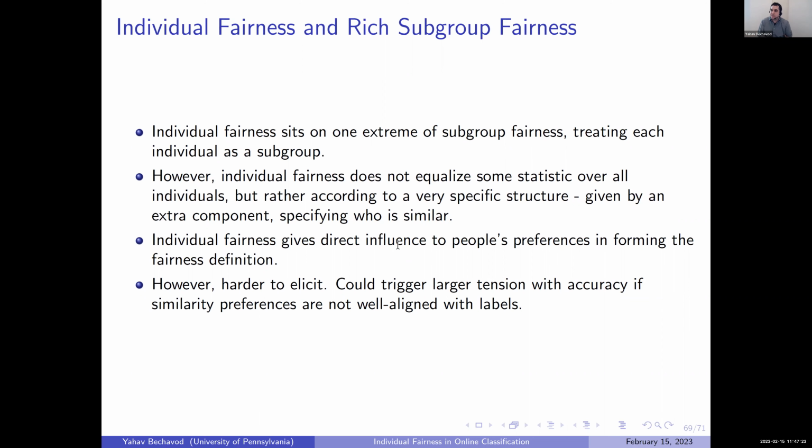I think the nice component about individual fairness is that it gives direct access to auditors or to people's preferences informing the fairness definition. However, it's a trade-off. It might be harder to elicit the preferences, and it could also potentially trigger larger tension with accuracy. This could happen if the similarity preferences are not well aligned with the labels, and also depends on how expressive the predictor class is that you're trying to learn.